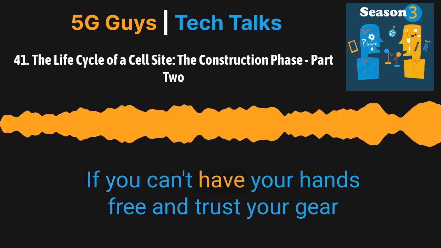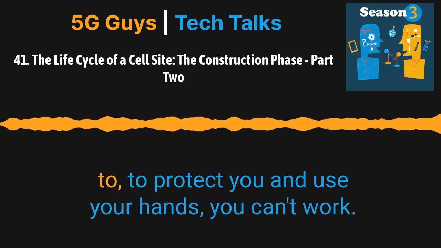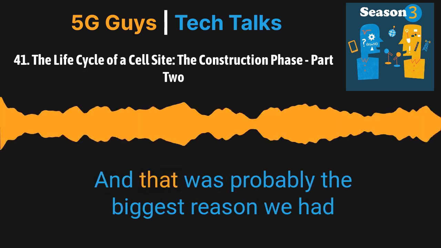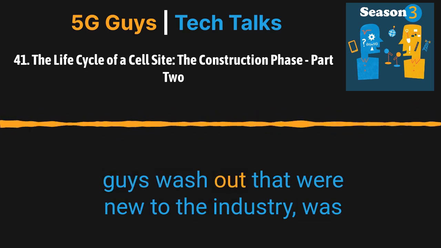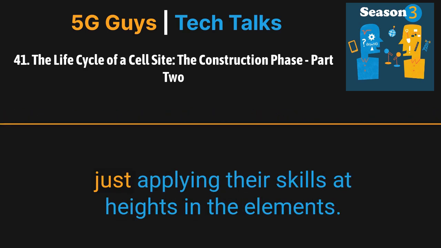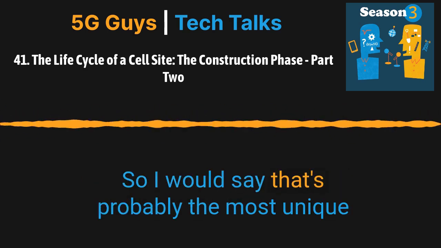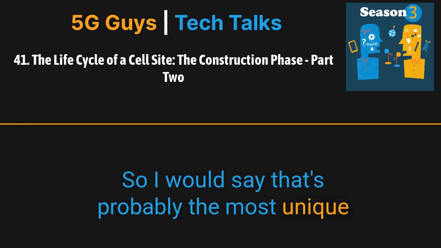If you can't have your hands free and trust your gear to protect you, you can't work. That was probably the biggest reason new guys washed out, applying their skills at heights in the elements. So I would say that's probably the most unique skill.